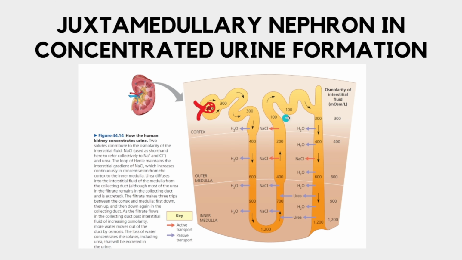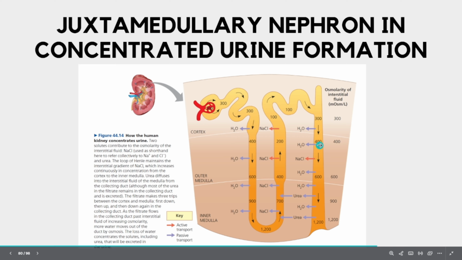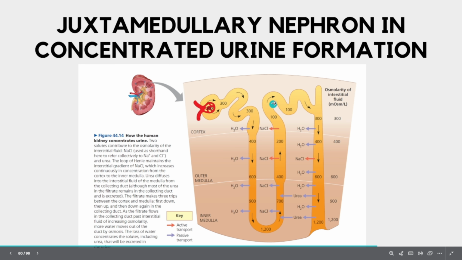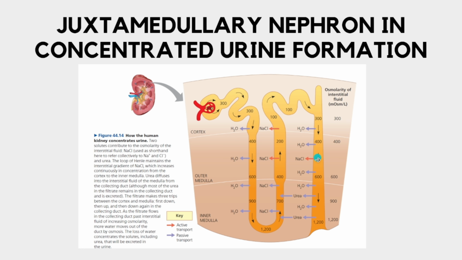So that's why they want to become hypoosmotic, so that when the filtrate moves along the collecting duct, more water is absorbed, so that the osmolality of the filtrate will be increased. If you imagine that the osmotic pressure is high all along, you cannot produce concentrated urine.